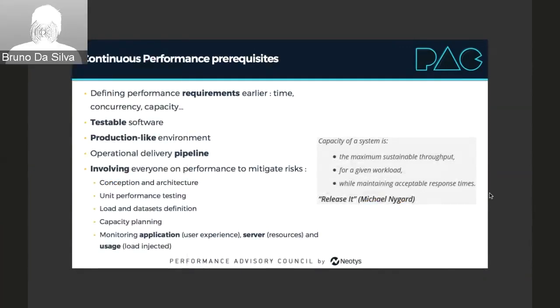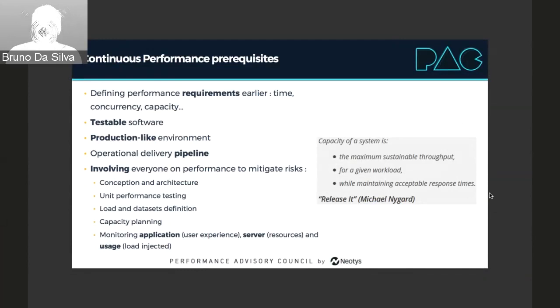So what about the prerequisites to meet before starting? Defining the performance requirements is important if you want to be able to measure it. Requirements are often expressed according to time in order to measure the capacity of a system.